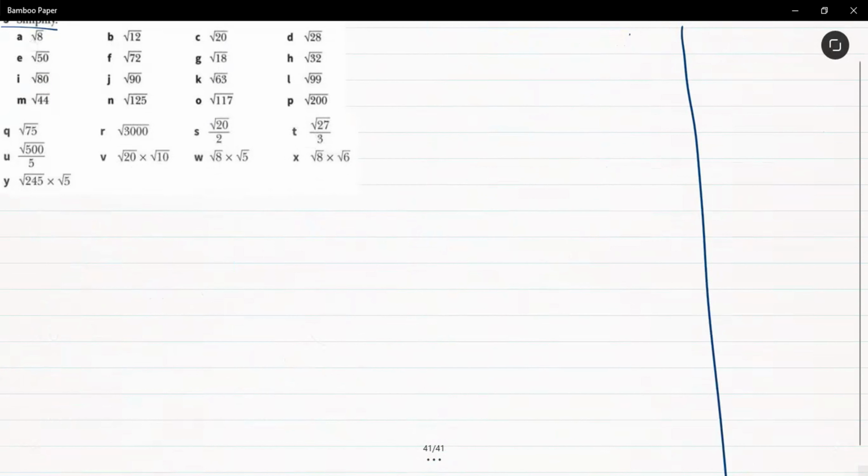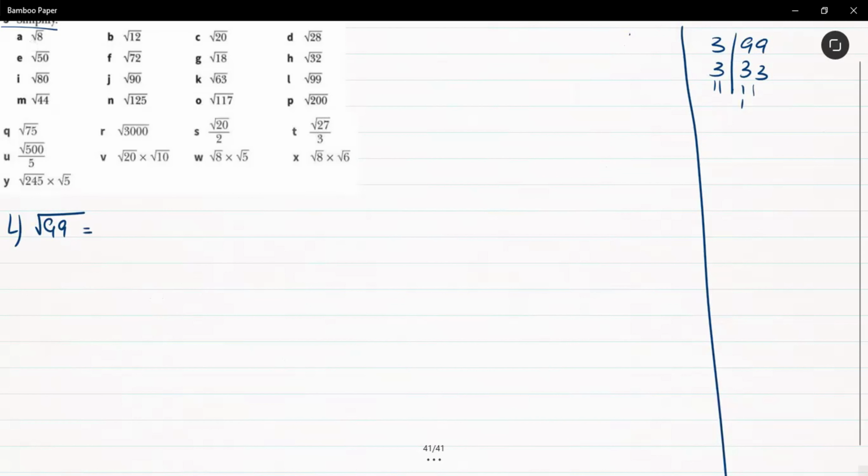Where were we? We have done part J, and I think we have done part K also. Yeah, we were on part L. Okay, so under root 99. Take out the LCM for 99. 3 33s are 99, 3 11s are 33, and 11 1s are 11.